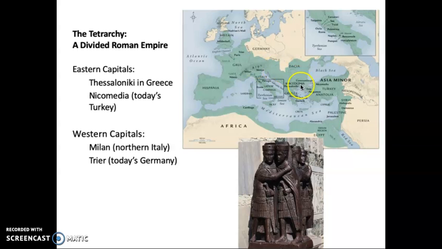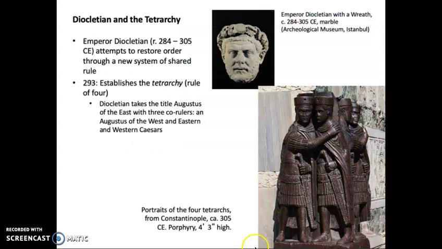And what this means is that you're going to have a system where 2 of the rulers are called Augustus, and they're kind of the senior emperors, and 2 are called Caesar, which is just a little bit less of a grand title, and they're kind of the junior emperors. And the idea is the Augustuses will prepare the Caesars to be the next ruler so that you won't have wars of succession, right?